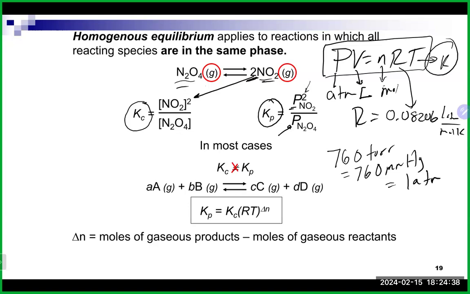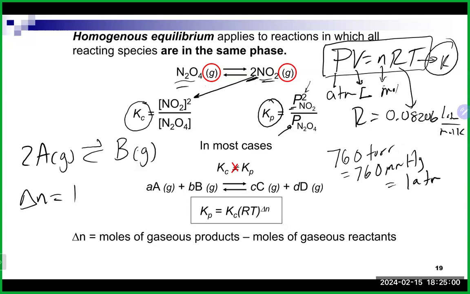So for example, let's just say I had this. What is delta N in this case? 1? Anybody else? Well, let's see.